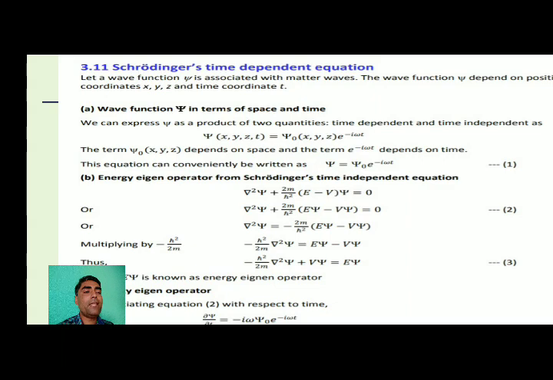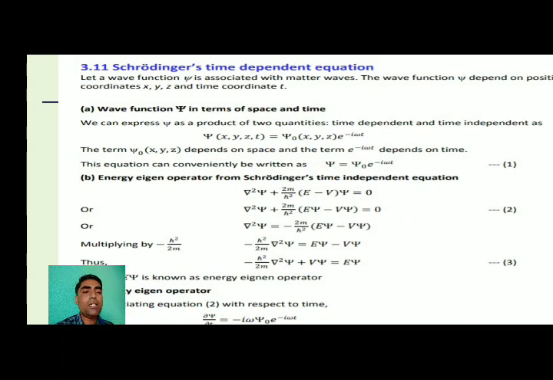Let's take this V psi term to the LHS. So this equation becomes minus h cross square divided by twice m into del square psi plus V psi equal to E psi.